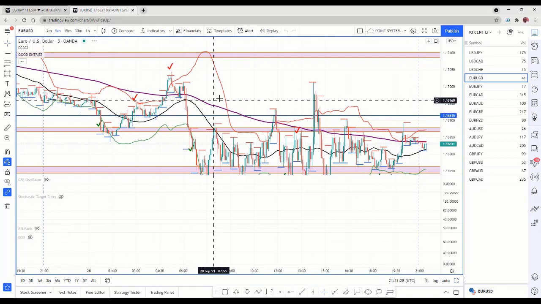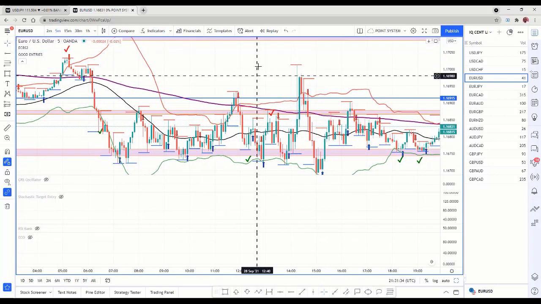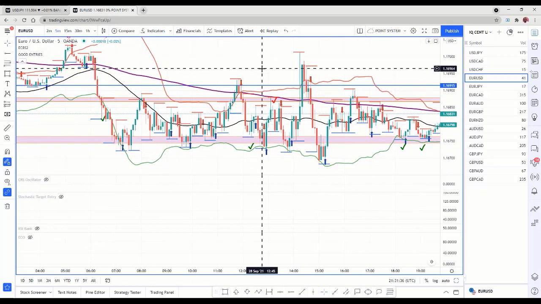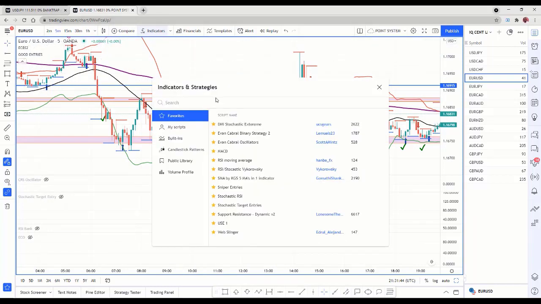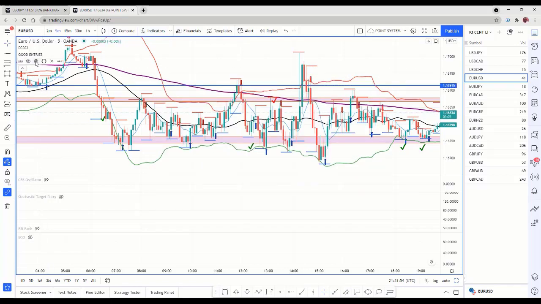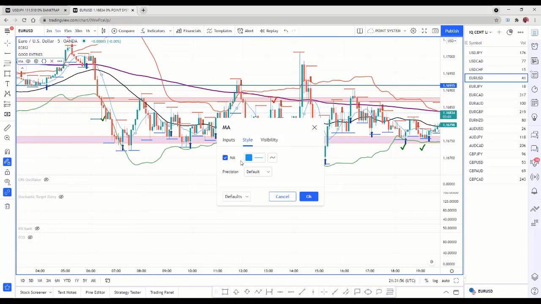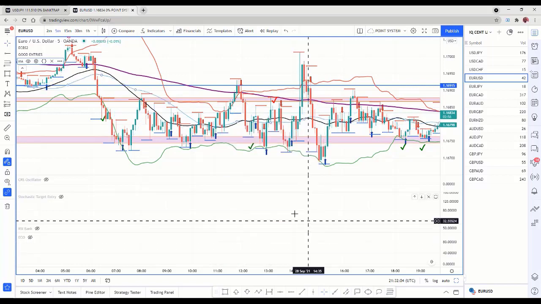Now just a quick one. What I just wanted to show us is this confluence, areas of confluence. I would like my 50 moving average now, just to tell us about confluence. 50.